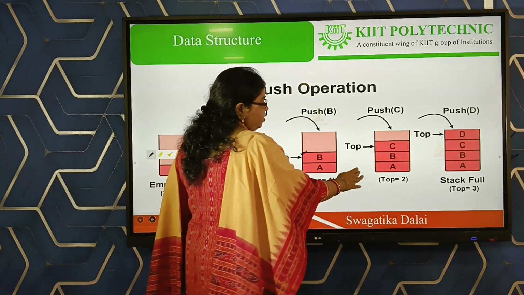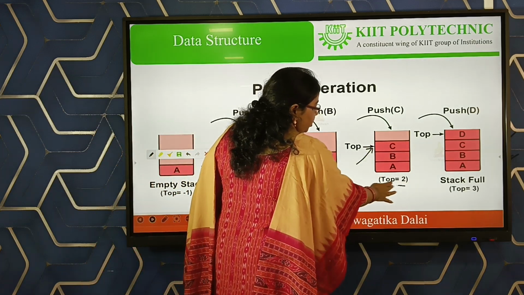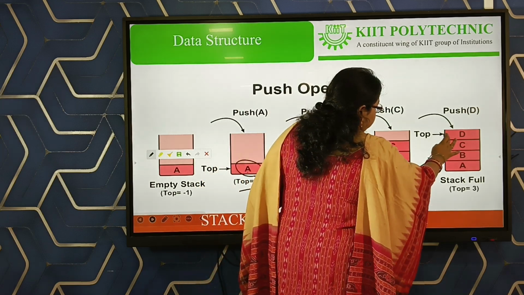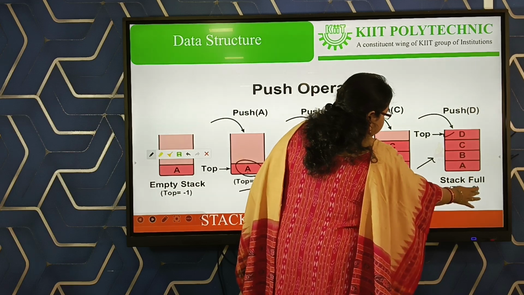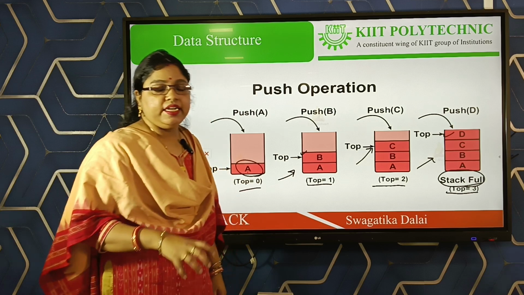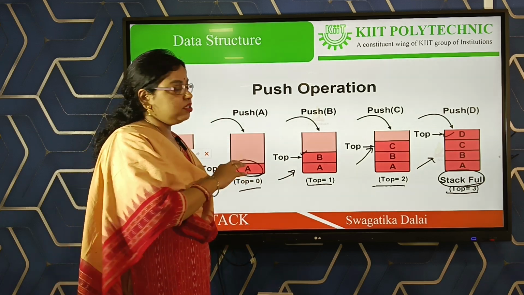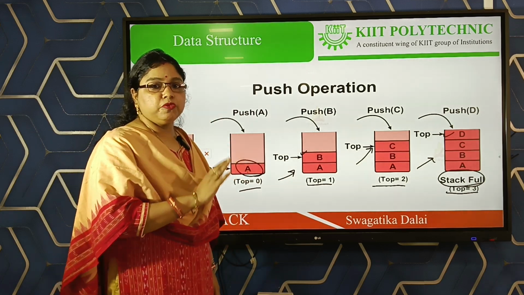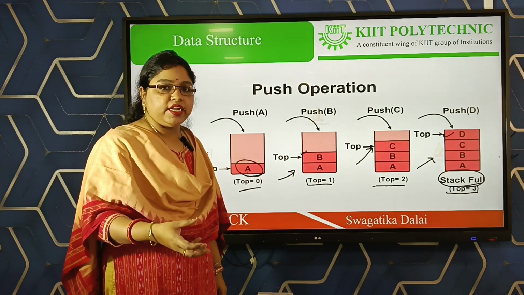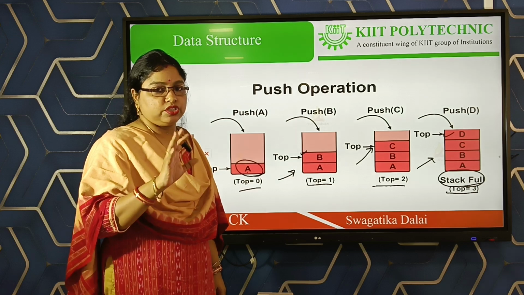Again we have added another element C. Now the top is 2. Another element added, that is D. Now the top is 3. And now the stack is full. Now we cannot apply push operation onto the stack. And this is overall the push operation. Whenever we want to push or insert an element in the stack, the push operation occurs.